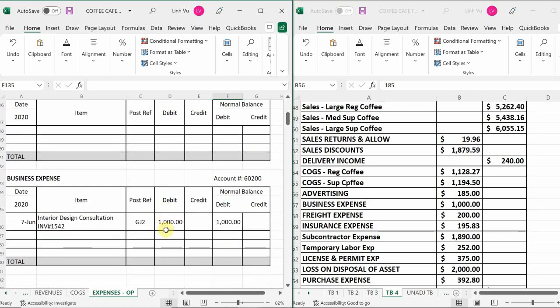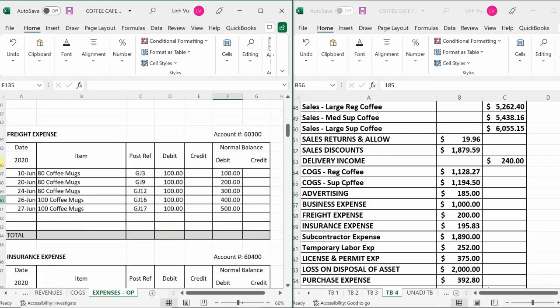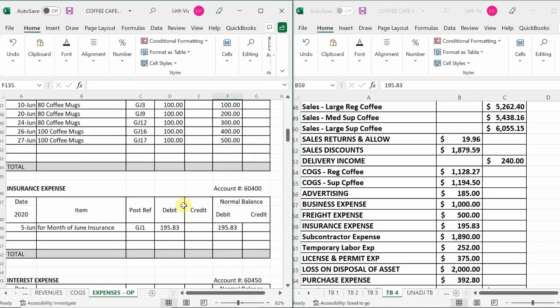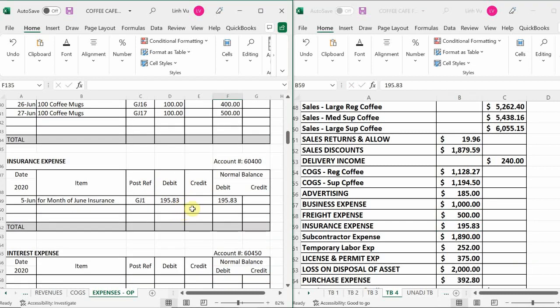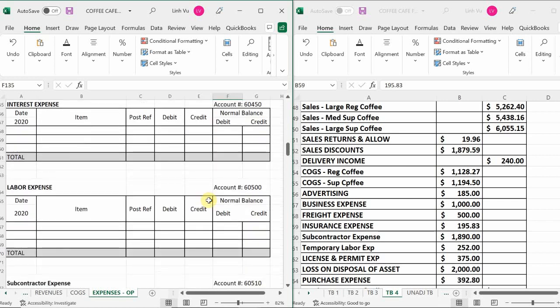Business expenses still at $1,000. Freight expense, yes, we incurred some. We now have $500 in freight expense. Insurance expense is at $195.83, still the same.